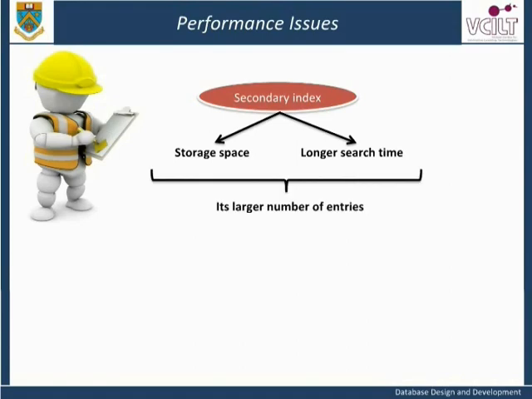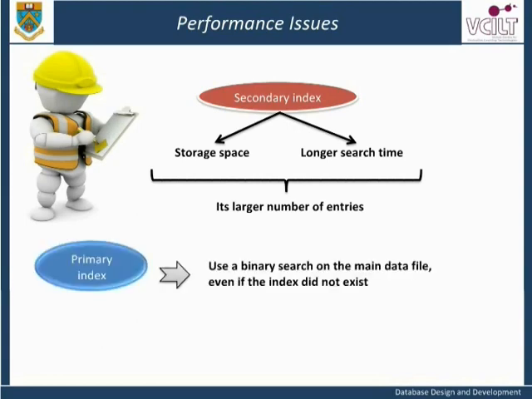However, much greater improvement in search time for an arbitrary record can be obtained by using the secondary index, because we would have to do a linear search on the data file if the secondary index did not exist. For a primary index, we could still use a binary search on the main data file, even if the index did not exist. Example 2 explains the improvement in terms of the number of blocks accessed when a secondary index is used to locate a record.